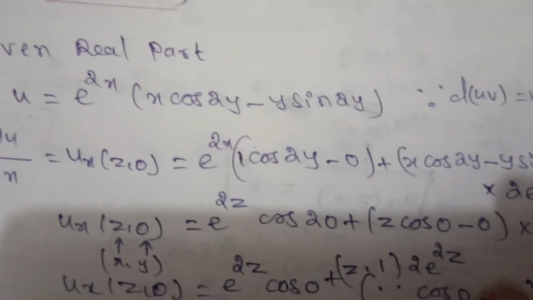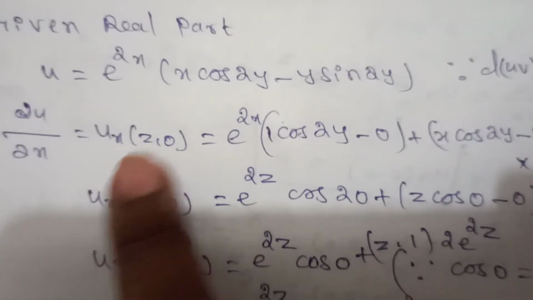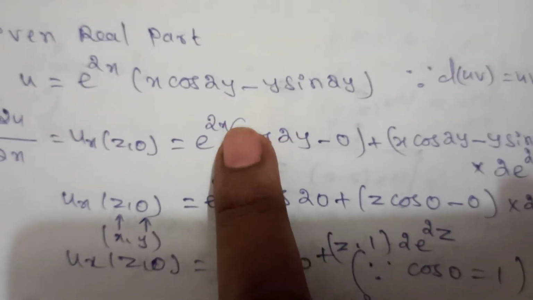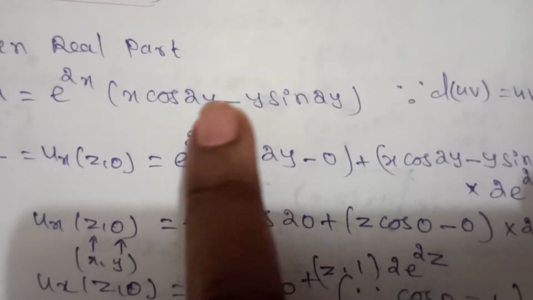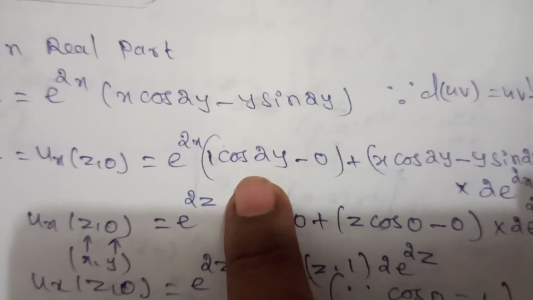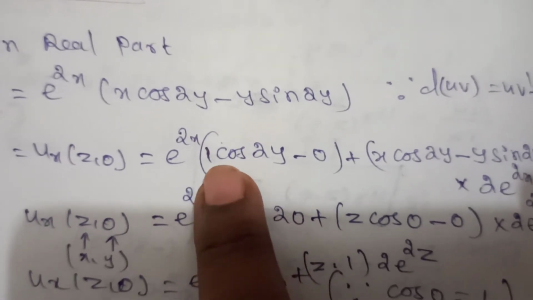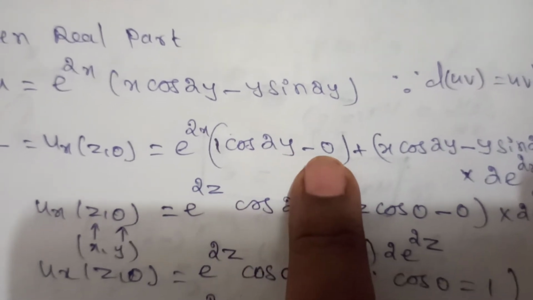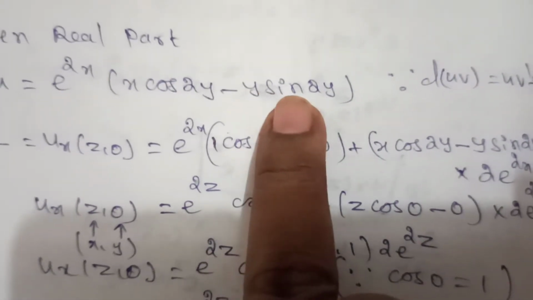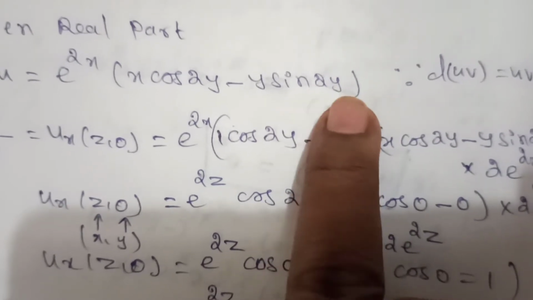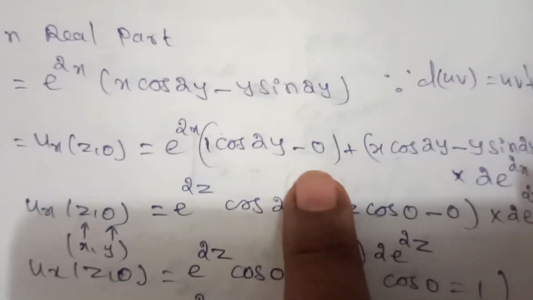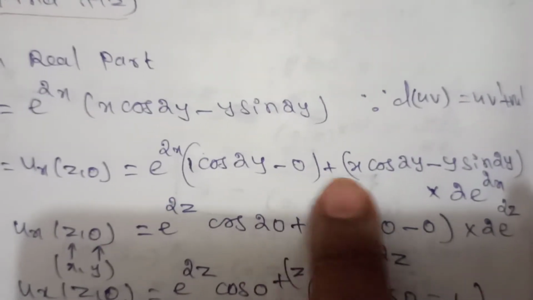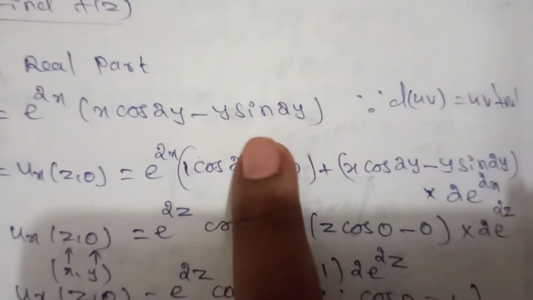Now using the uv formula, dou u by dou x, that is u x, is equal to u v dash: e power of 2x into the differentiation of this value. The differentiation of x is 1, into cos 2y, which is a constant, that is 1 into cos 2y, minus y. Here y is a constant and sin 2y is also a constant, so the differentiation of a constant is 0, that is minus 0, plus v u dash.